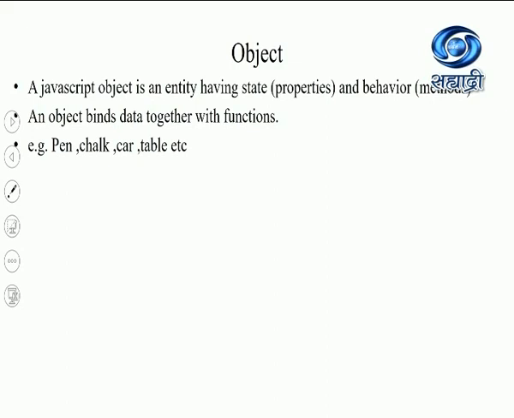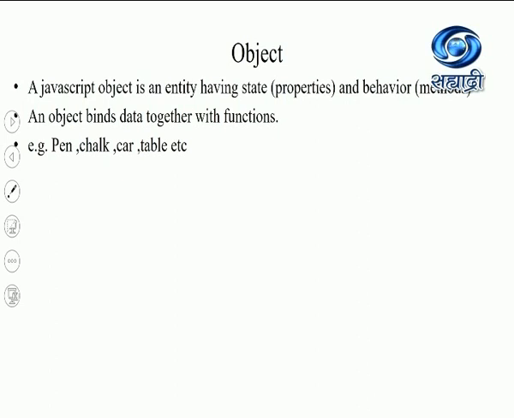We can consider a pen as an object, chalk as an object, a car as an object, or anything we consider as an object. For example, when a pen is an object, what does that mean? The pen can have color, texture, and size. All these are the properties of the pen object. Similarly, chalk also has a color, a shape, and a texture.